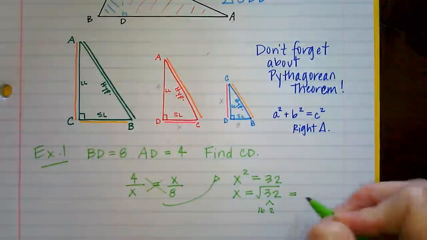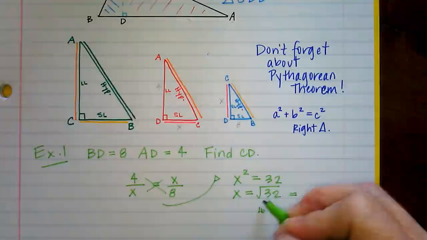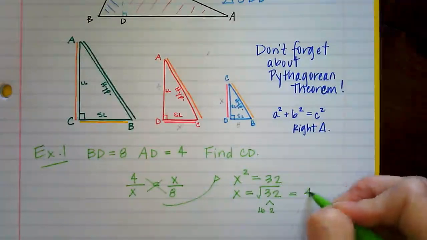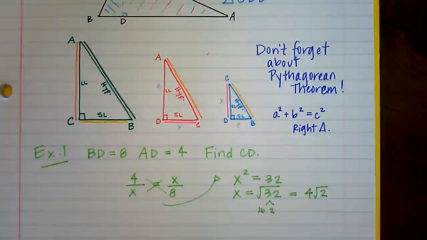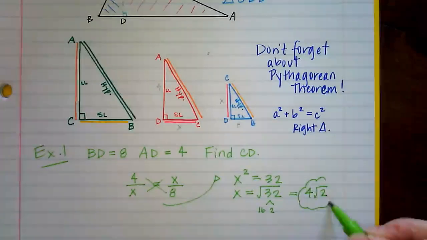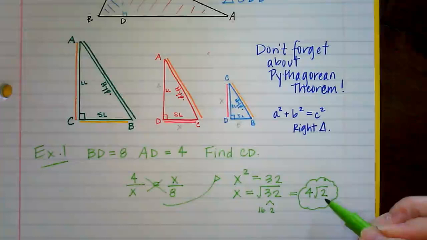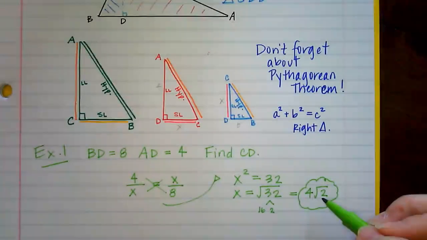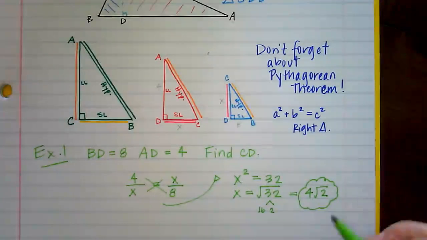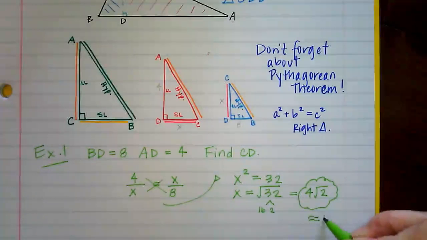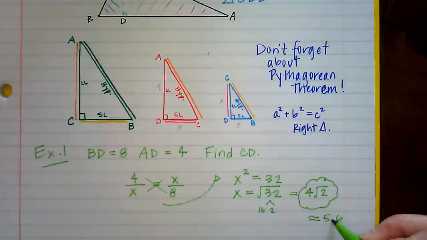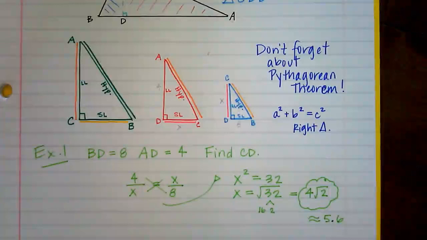So that means that the square root of 32 is 4 square root of 2. Now, if we want to, we can estimate that. Square root of 2 is around 1.4. So 4 times 1.4 would be approximately 5.6 if we were looking for an actual decimal answer.